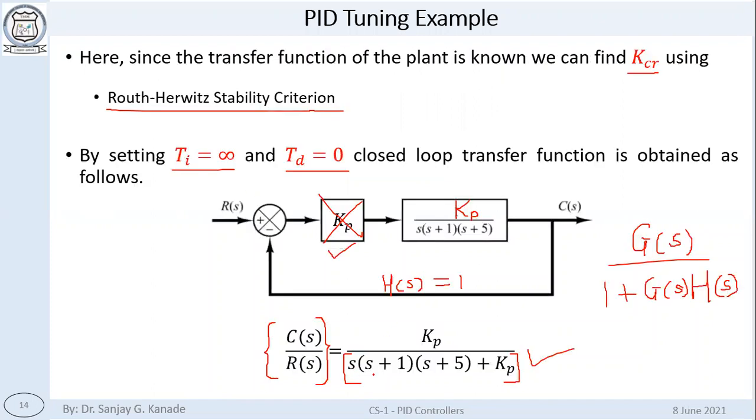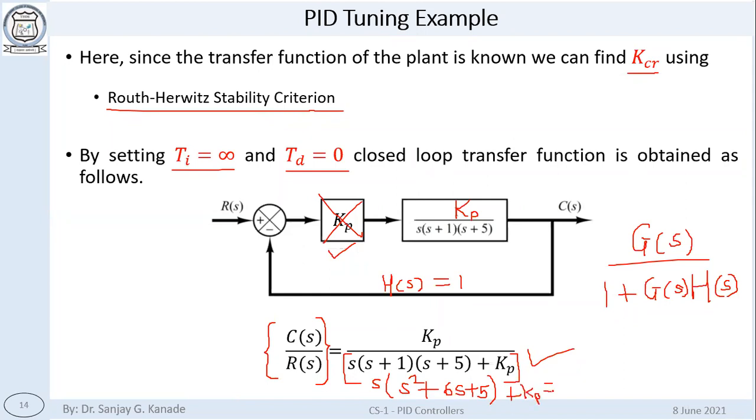That is obtained by simply expanding the denominator. See, S into (S plus 1)(S plus 5). If I multiply these two, S squared plus 6S plus 5, right? And then, of course, plus Kp.